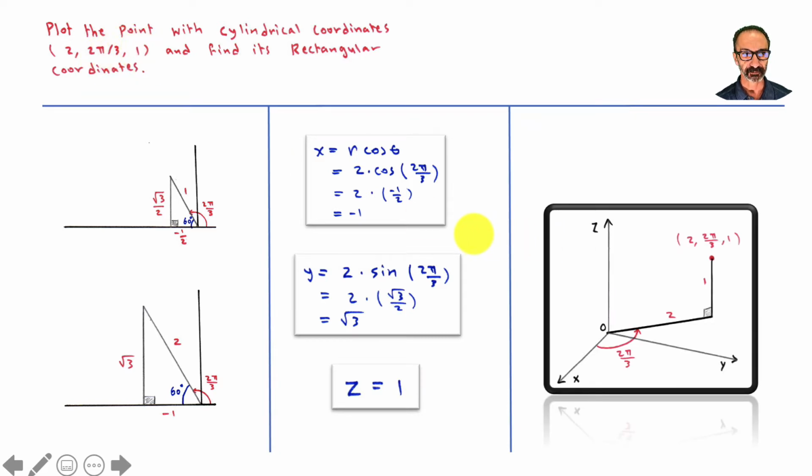Here's the graph. You're going to go out with a radius or length of 2. That's a length of 2 from the origin. You're going to go to the second quadrant, past the positive y-axis, with the angle 2 pi over 3. As you can see, we passed it, and we're going to go up 1 unit.